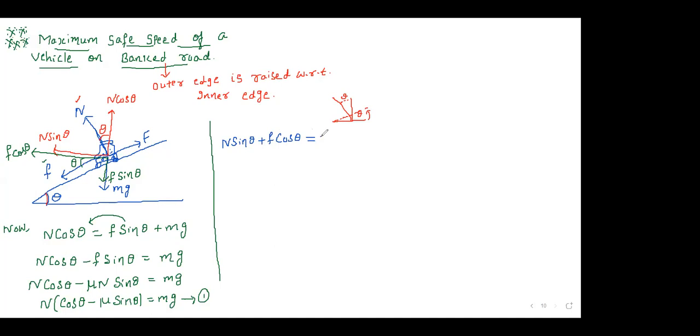That force should be balanced with the centripetal force. Please remember, that is mv squared by r. Upward force n cos theta is balanced with f sin theta plus mg. Similarly, the left side force f cos theta and n sin theta should balance with the centripetal force, that is mv squared by r.